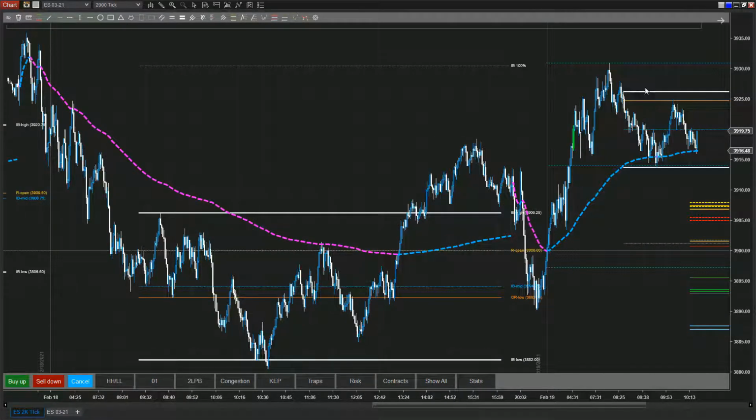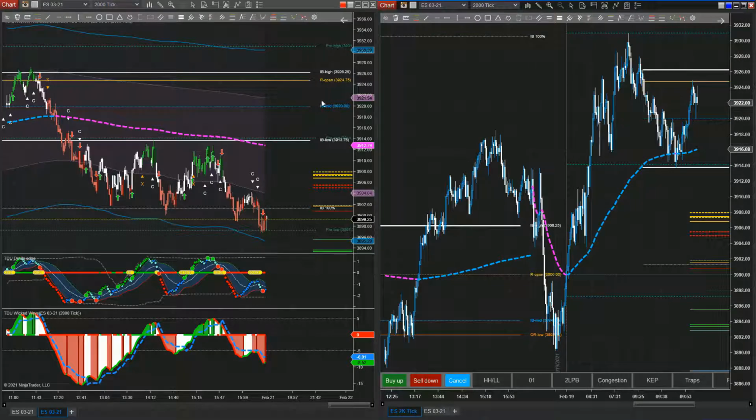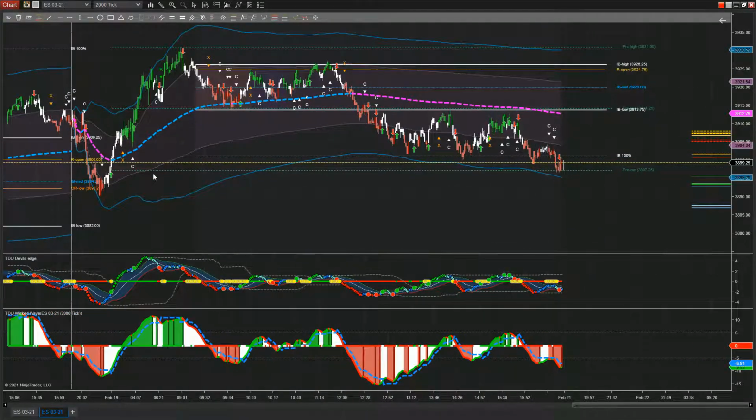So now this is a different way you can look at it. I will typically have this on, both versions or variations here. I absolutely want to know where VWAP is, and I would encourage you to be aware of where VWAP is. But here's a modification. In our VWAP indicator, we're giving you the ability to go up to 4 standard deviations, we can go beyond that, but 4 would cover everything.